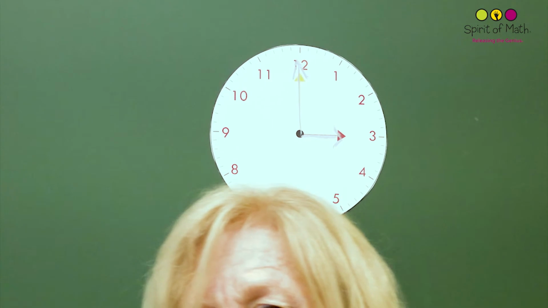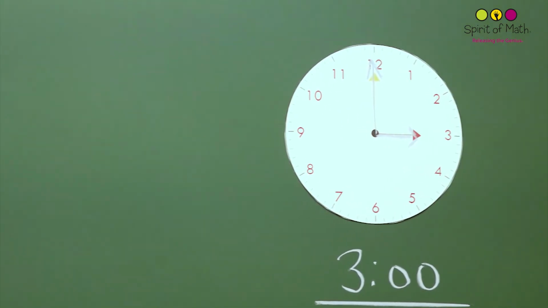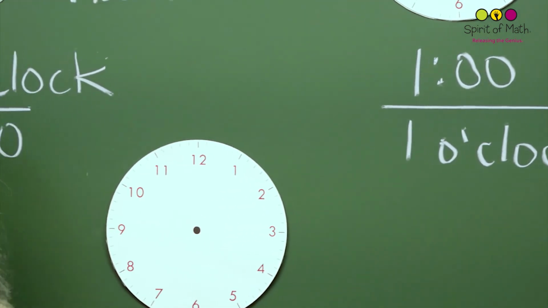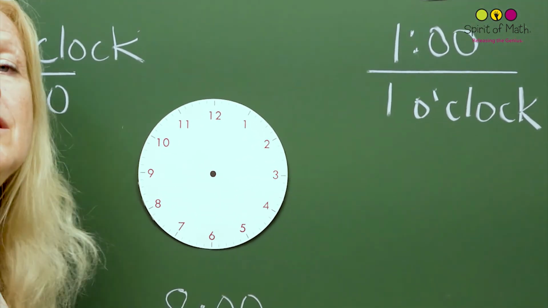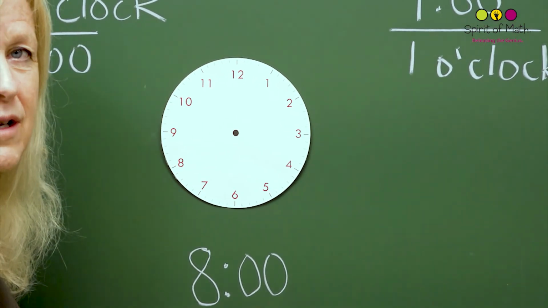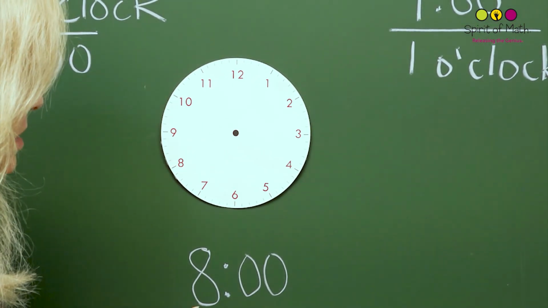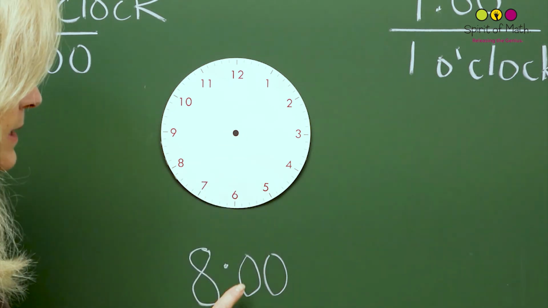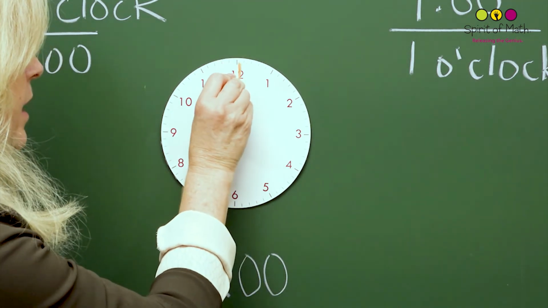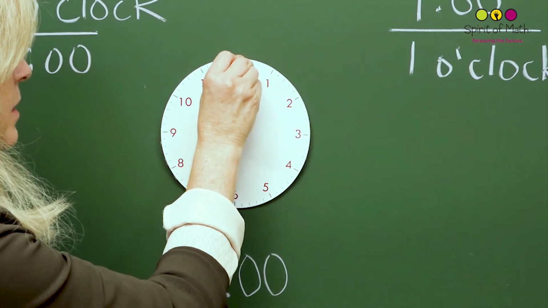Okay, let's now come on over here. So I'm going to wait till you get here. And this time, we've got nothing on the clock, and you have to figure out how to write 8 o'clock. Okay, so it says 8 o'clock. That means the big hand, because it's 00 o'clock, you point it straight up, because that's the 0 second.